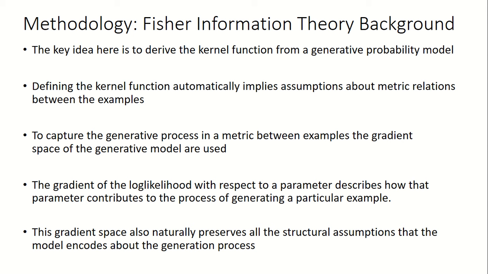So in other words, this gradient space naturally preserves all structural assumptions that the model encodes about the generation process. This derivative means that if we perturb the model parameters, then how the relative position of this new data point would change with respect to parameters, which are important because they are encoding the generation process, right?